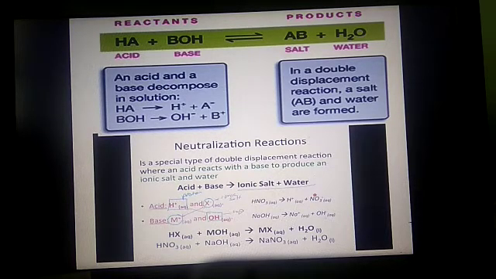So what are the applications of neutralization? A sting of a bee or wasp is acidic in nature. Sodium bicarbonate, as a basic substance, can be used to nullify the effect.